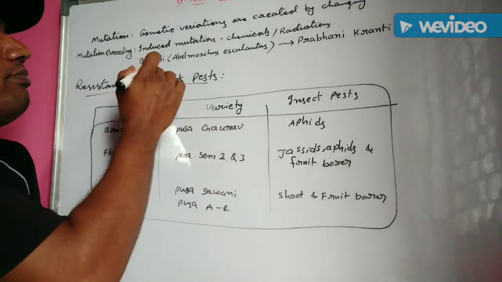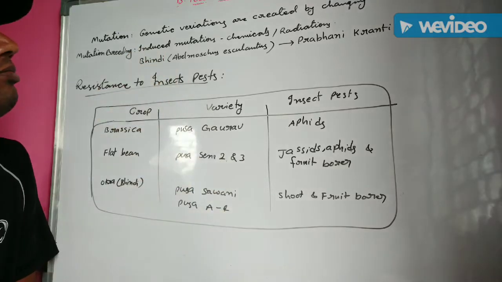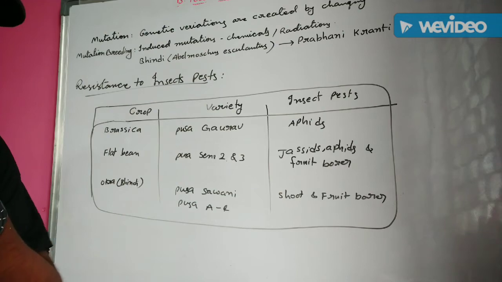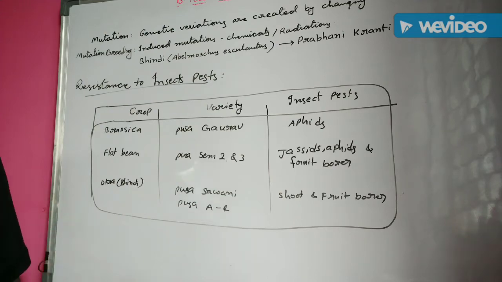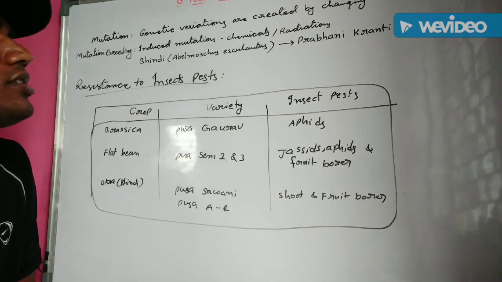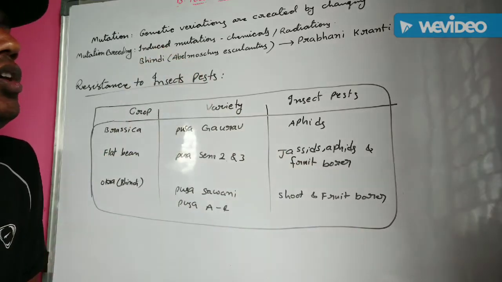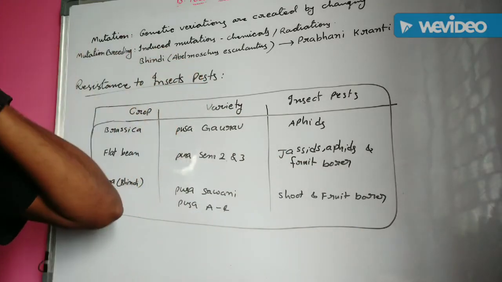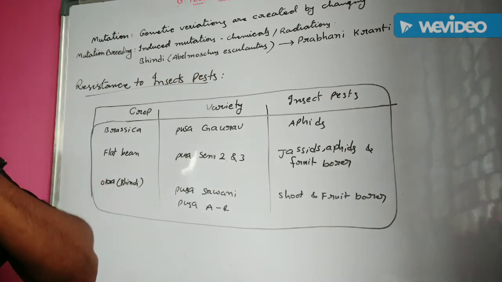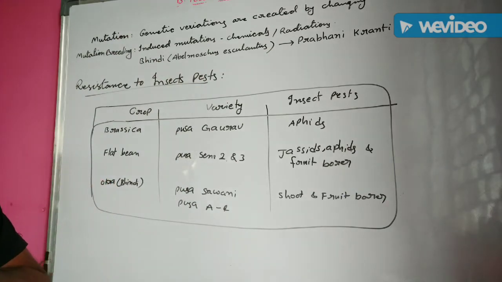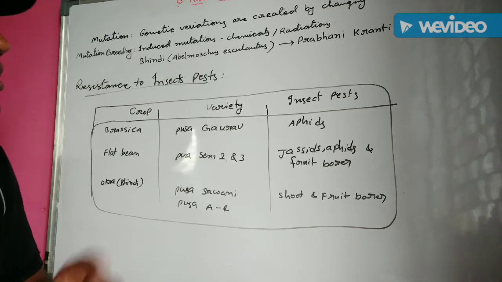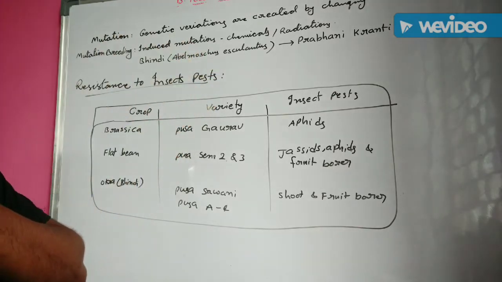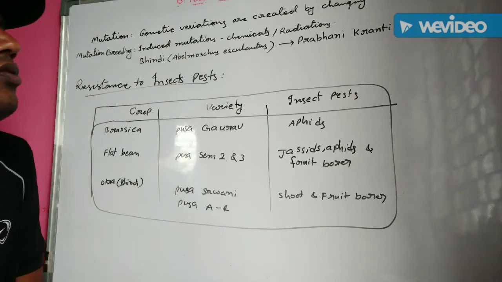Suppose Bhendi, Abelmoschus esculentus, is resistant to yellow mosaic virus. This resistance to yellow mosaic virus in Bhendi is transferred to a wild species, which results in a new variety being produced.